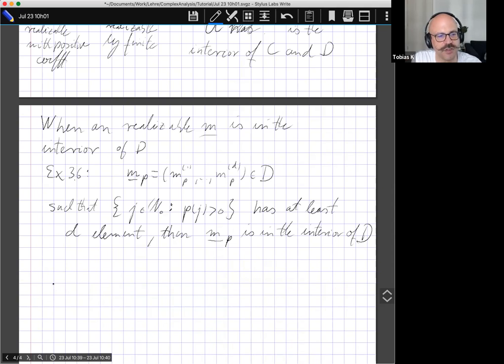So that means these M(P) are then in U, but elements in U can be written as a finite combination.